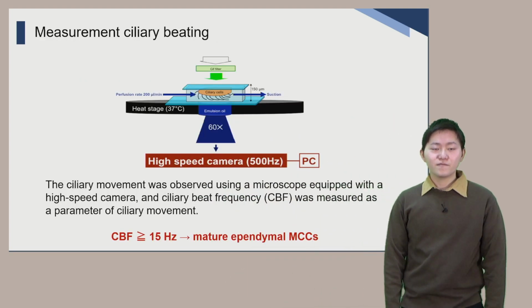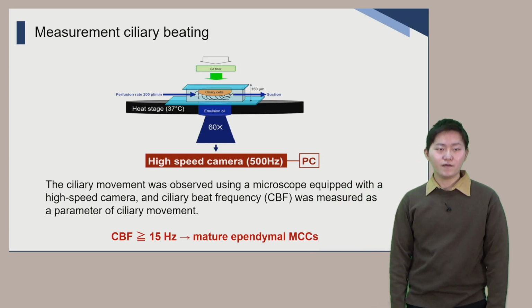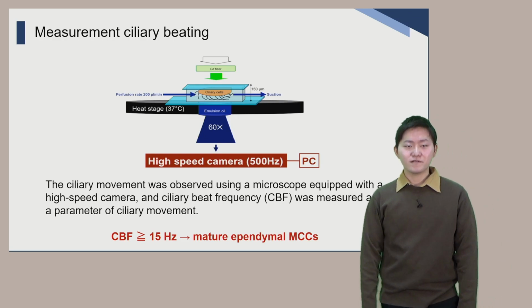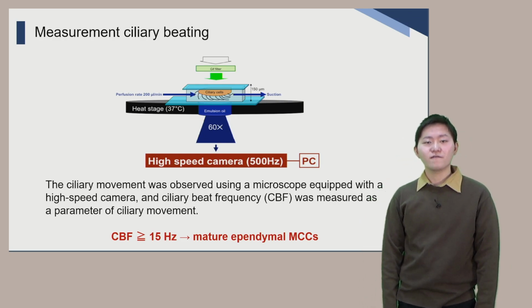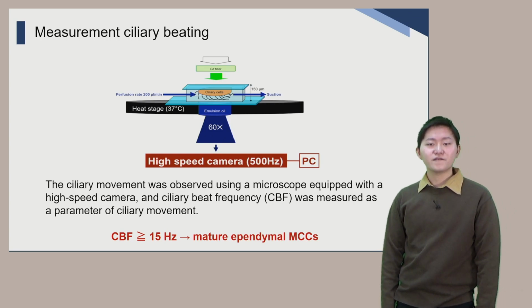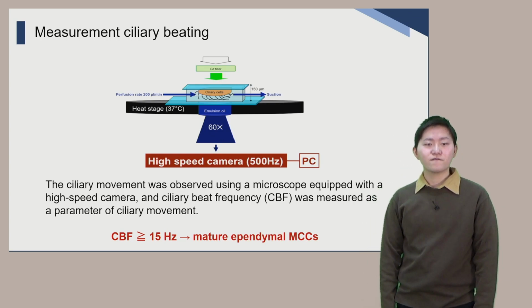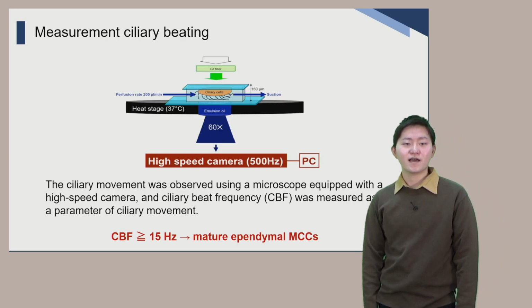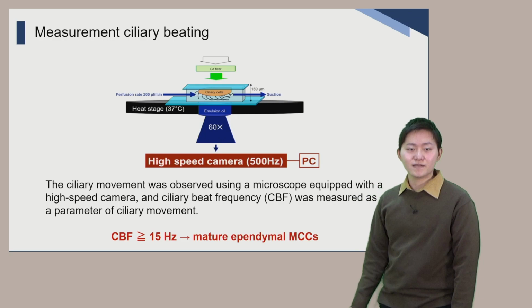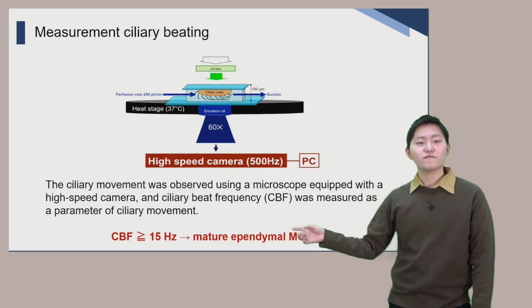The ciliary movement was observed using a microscope equipped with a high-speed camera, and the ciliary beat frequency (CBF) was measured as a parameter of ciliary movement. In a previous study, it was reported that the mean CBF ranged between 11 and 20 Hz. So in this study, mature ependymal MCCs were defined as over 15 Hz.